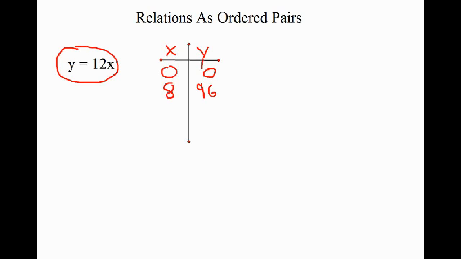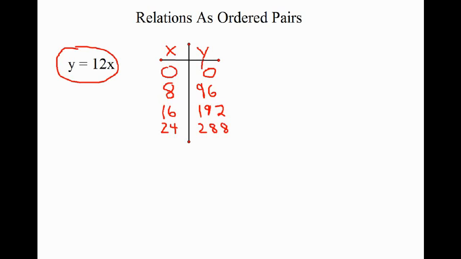If we work for 2 days, that means we're working 16 hours, and we get paid $192. If we work for 3 days, and again, because we can only work 8-hour shifts, that means we've worked for 24 hours, which means we make $288.